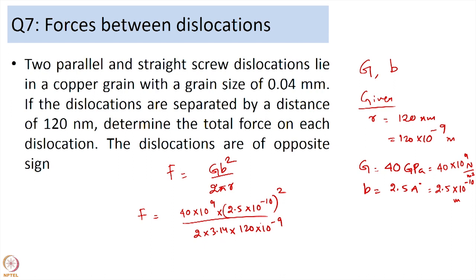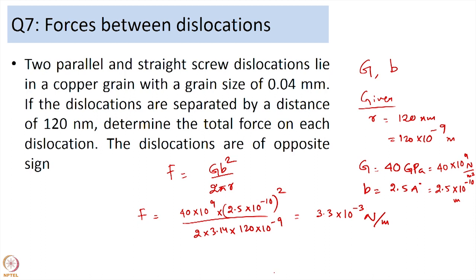If you calculate this, you will see that the force per unit length is 3.3 into 10 to the power minus 3 Newton per meter. Once you do the calculation, that is the answer that you will get.